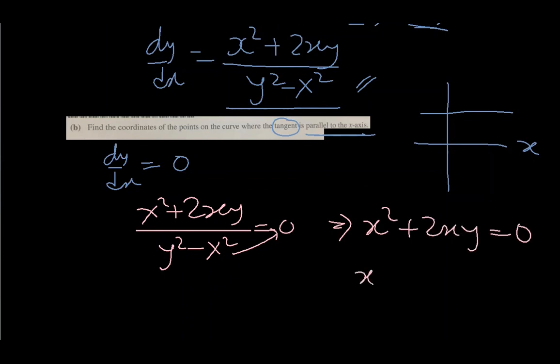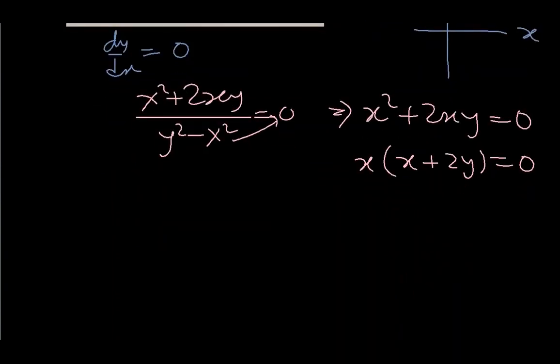What can we factor? x. So we are left with x times (x plus 2y) equal to 0. Two parts are multiplying to equal 0. That means either x is 0 or x is equal to minus 2y. These are the two stationary points where the tangent is parallel to x-axis.